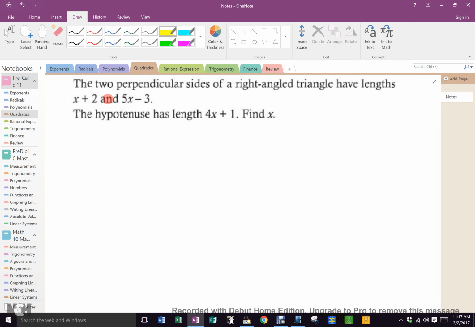Now wait for it. When you do a quadratic equation, how many answers do you get? 2. How many lengths can a hypotenuse have? 1. Only 1 length. What will happen then? I don't know. Let's find out.